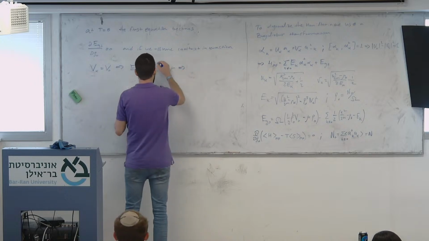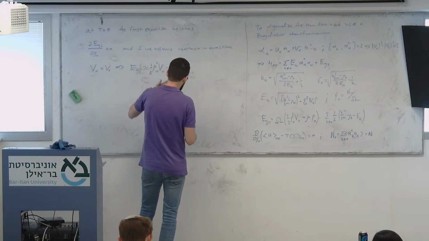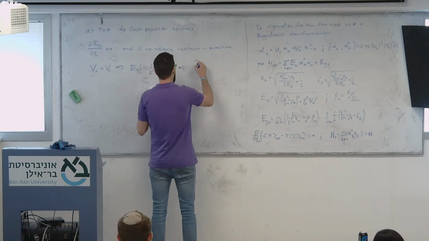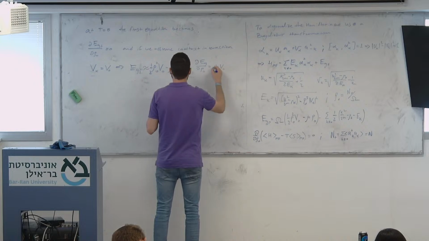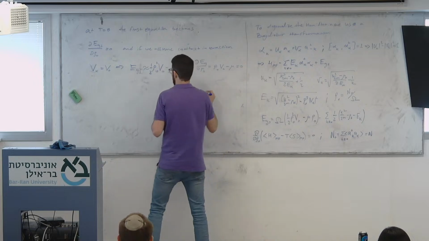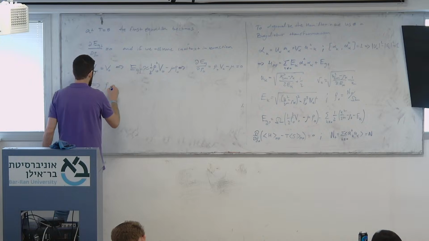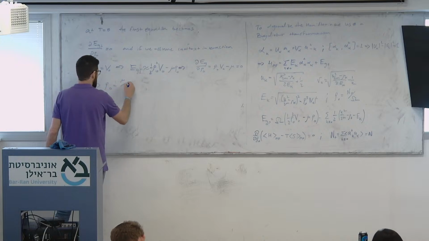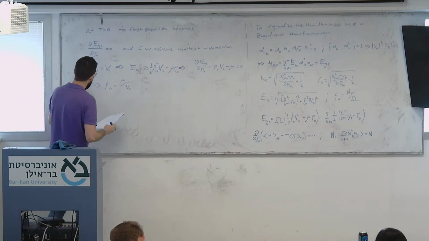And from here, a rho naught squared, 1/2. This is a mistake I forgot to correct. And therefore dE ground state over d rho naught gives us rho naught V naught minus mu equal to 0. Therefore, rho naught is mu divided by V naught. That's one solution.